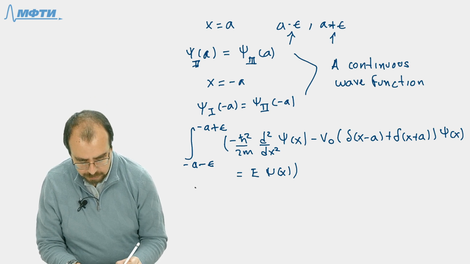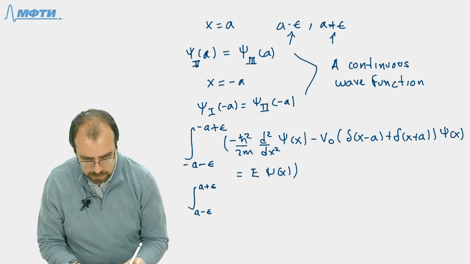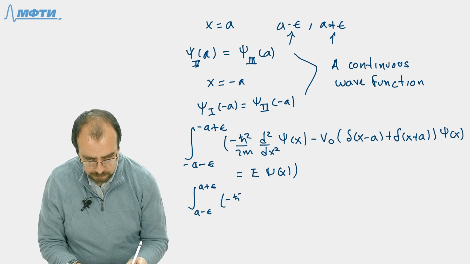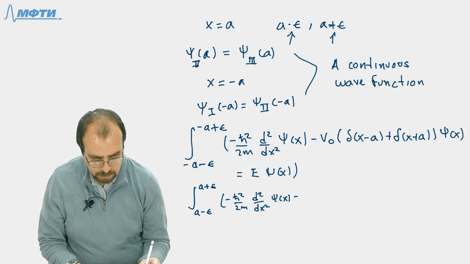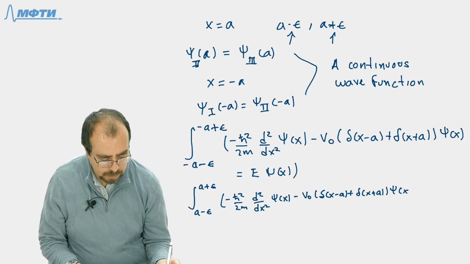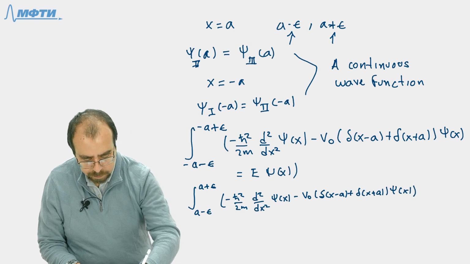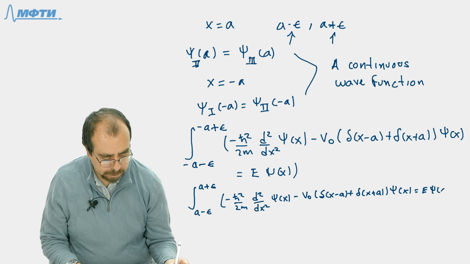In that case, we will integrate from a minus epsilon to a plus epsilon, the same expression, minus b0 delta of x minus a plus delta of x plus a, and this is equal to the energy times psi of x.